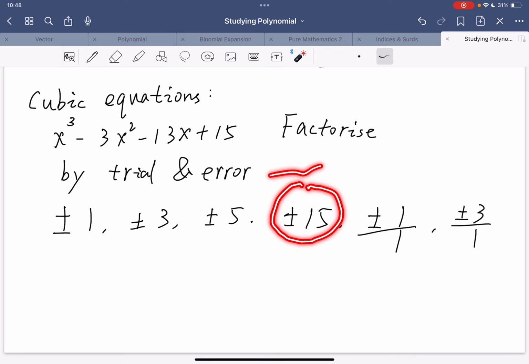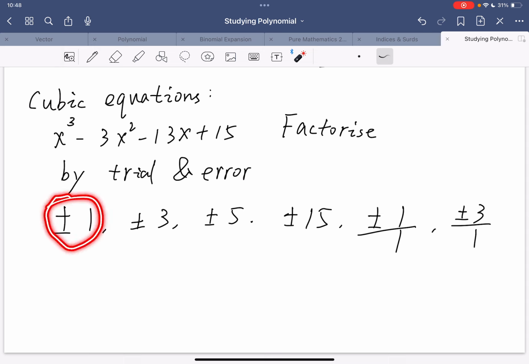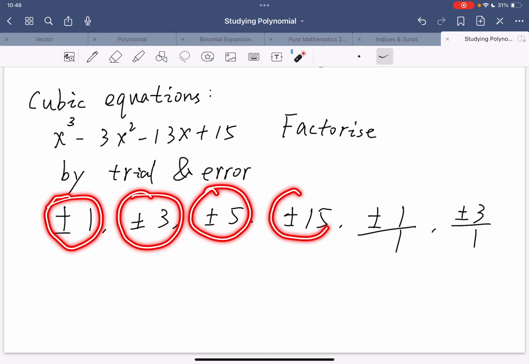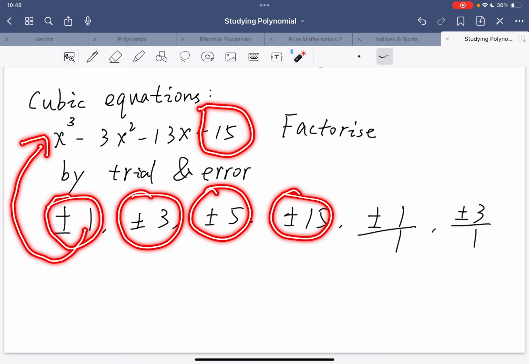But if none of the integers from the factors of the constant term work, then we use each factor of the constant term divided by the coefficient of the first term, that is the highest power term, the coefficient of the degree term in this case.